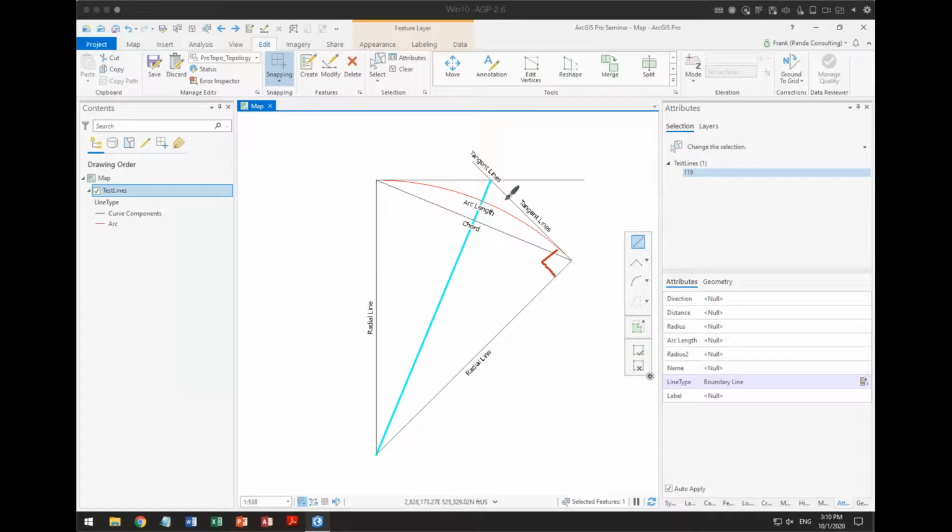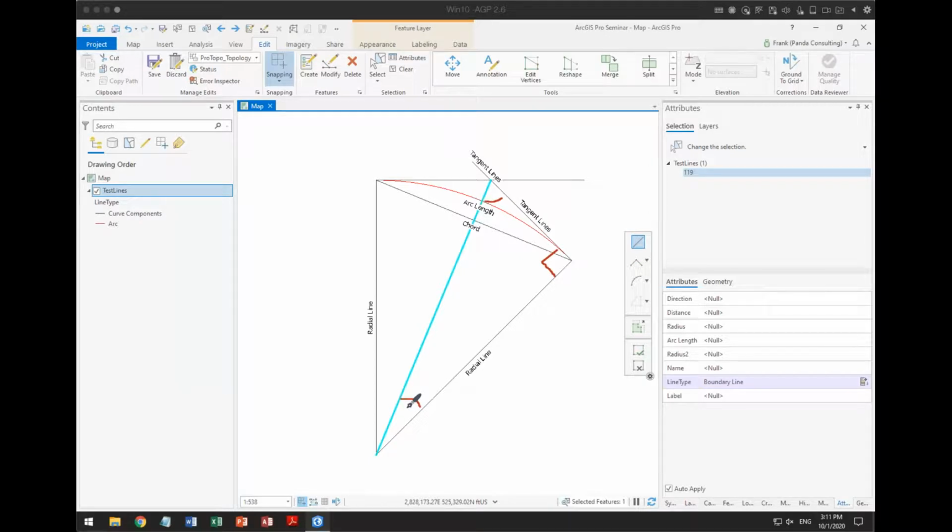So these two angles plus this angle have to total 180 degrees, or these two have to add up to 90.